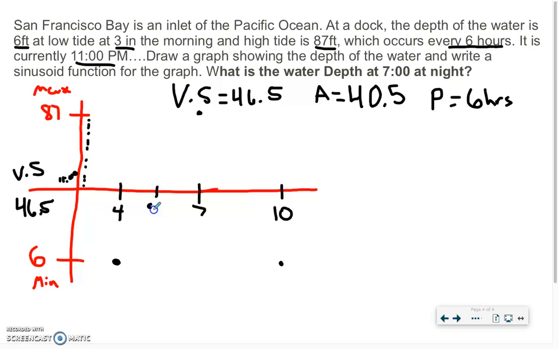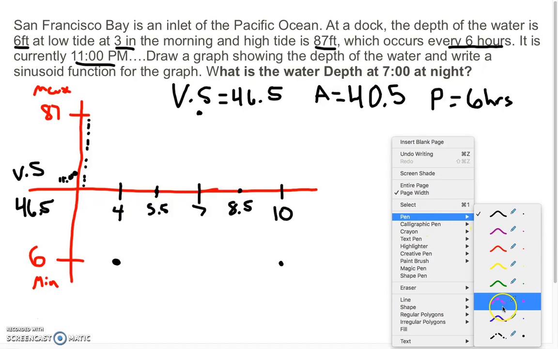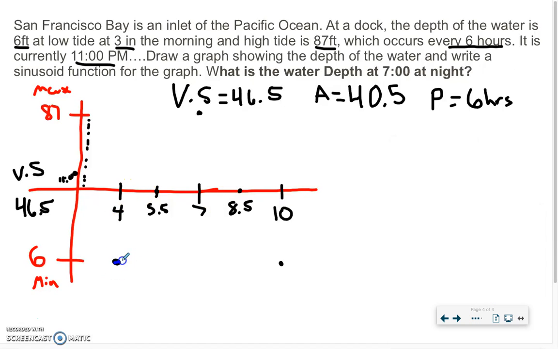And then at 5.5, it's going to be right at the equilibrium. And at 8.5 hours, or 8:30, it's going to be at my equilibrium again. So my graph, let's switch the colors here. Let's go to blue. It's going to kind of go like this.